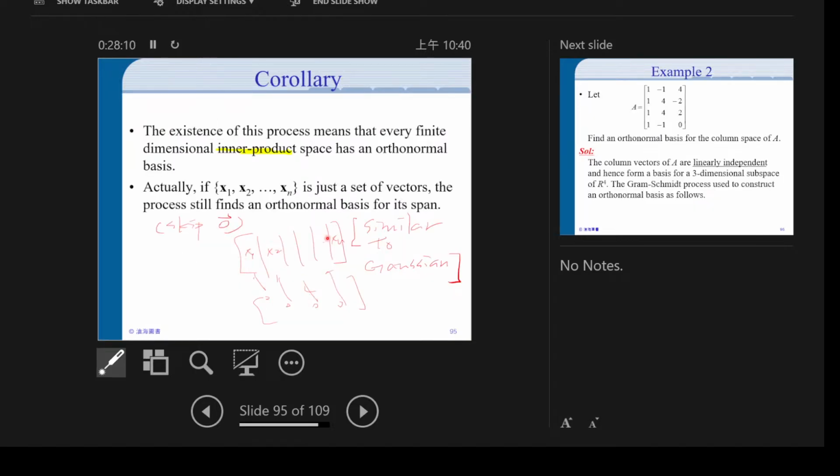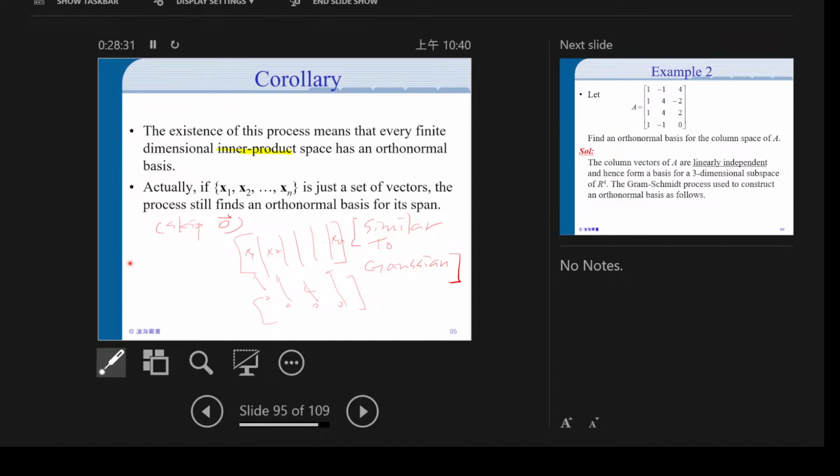Sometimes instead of Gaussian elimination, you want to do Gram-Schmidt, because you think having an orthonormal basis is better than whatever basis you get from Gaussian elimination. Any questions?